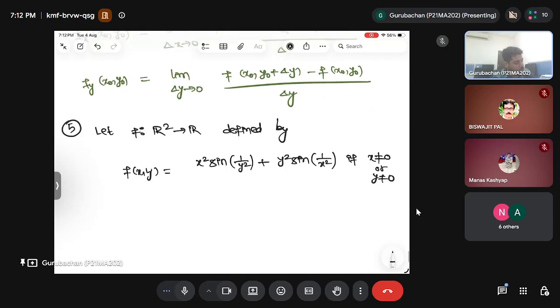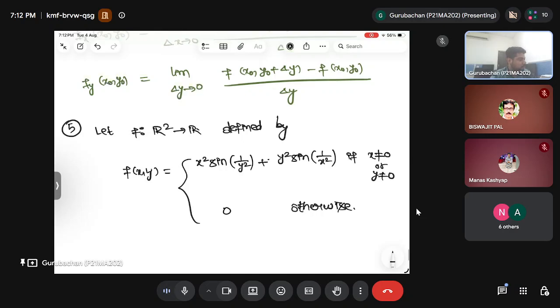Any one case is possible out of these two. And 0 otherwise. So this is your function given.